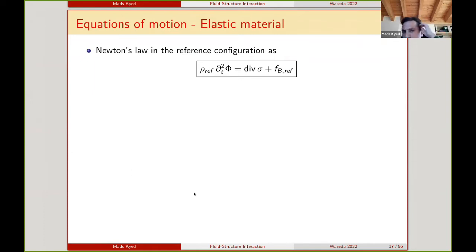Here I use for Newton's law not the Eulerian formulation, as I did when I derived the Navier-Stokes equations, but rather the Lagrangian formulation, which is here a natural formulation because phi is the unknown, and phi gives me the motion of a point in the current configuration, right?